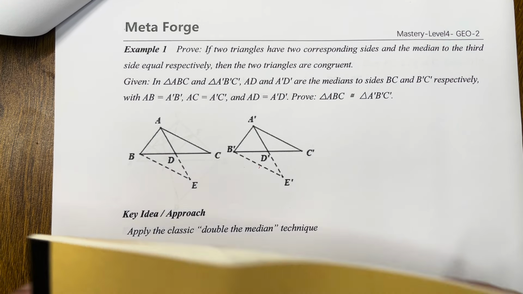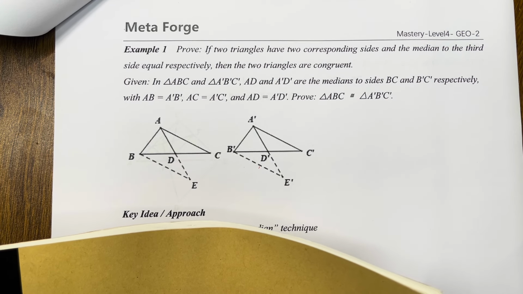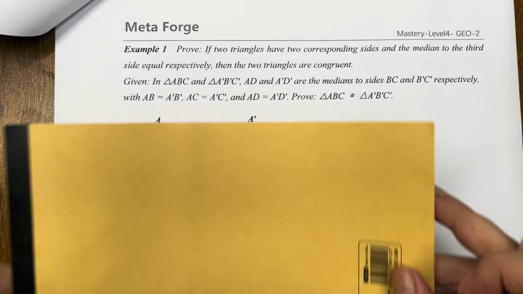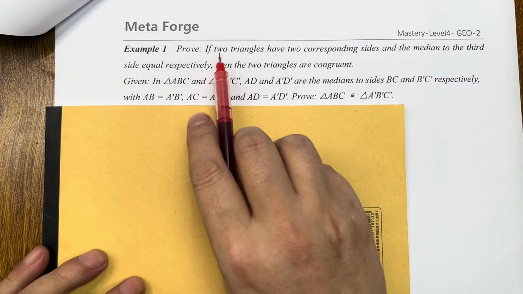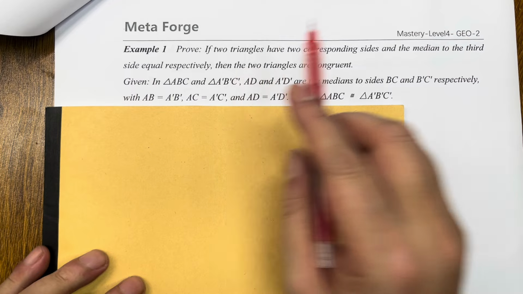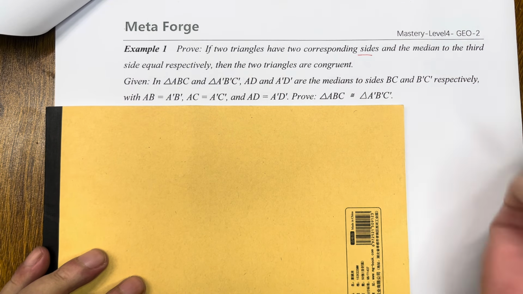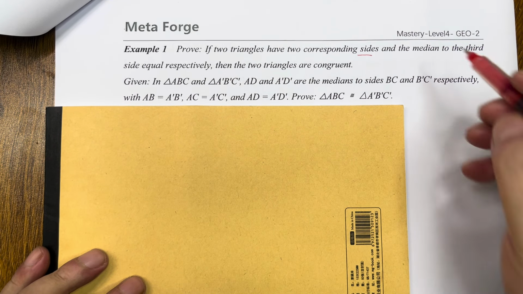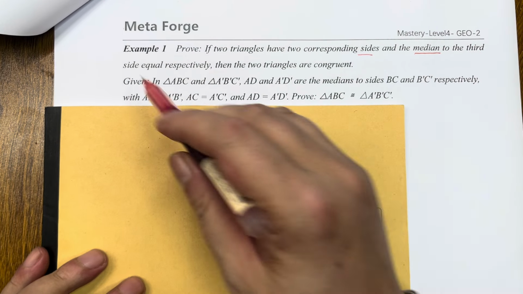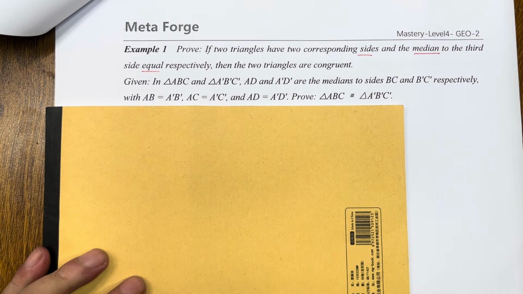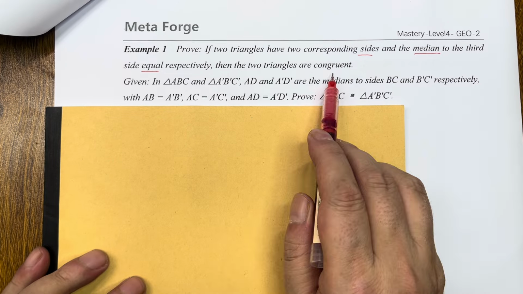There is a statement about congruence theory. Two triangles, two corresponding sides equal, and the median to the third side equal, so the two triangles are congruent.